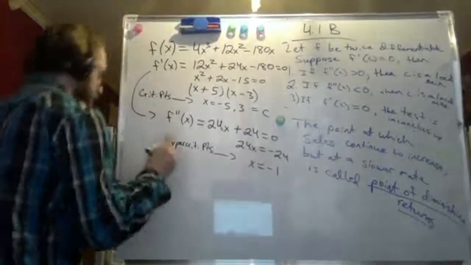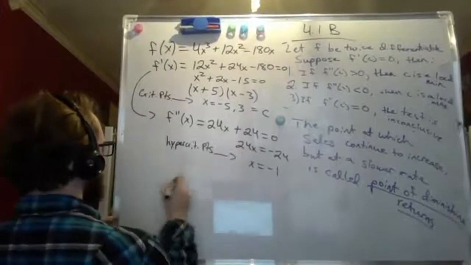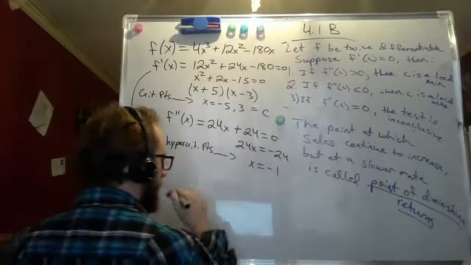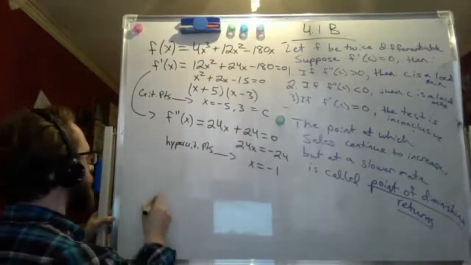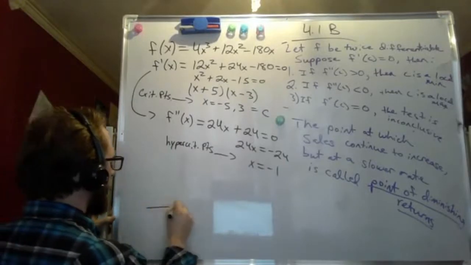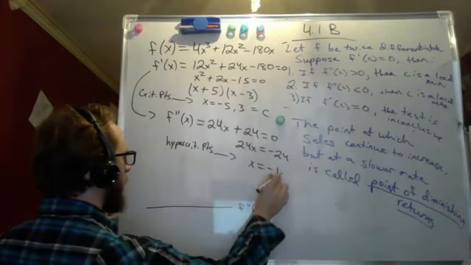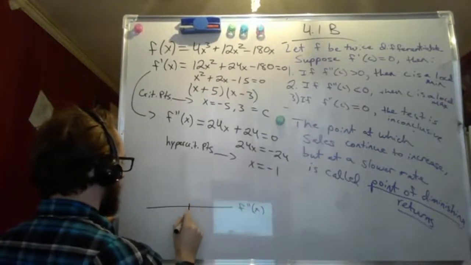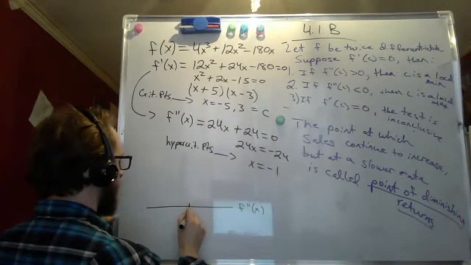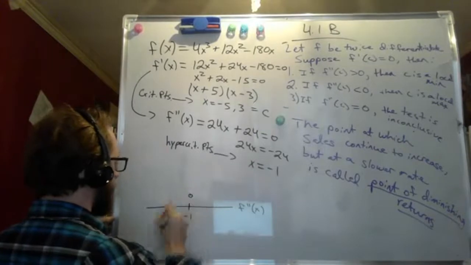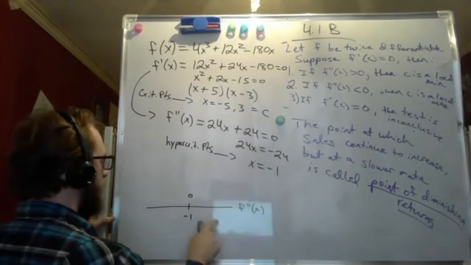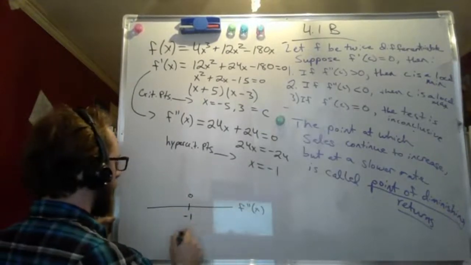We'll actually show both lines here, but first we want to use the second derivative test. So that means we need the second derivative line. And label our point, that's a hypercritical point because the second derivative is 0 there. Now we test values to the left and right.